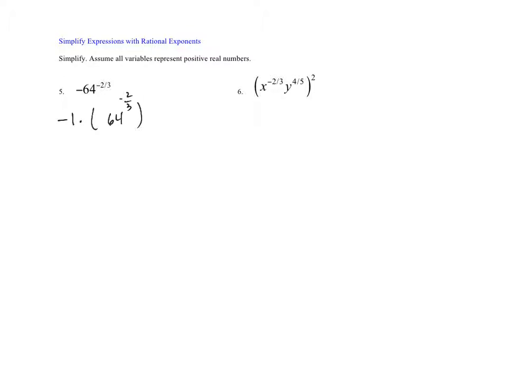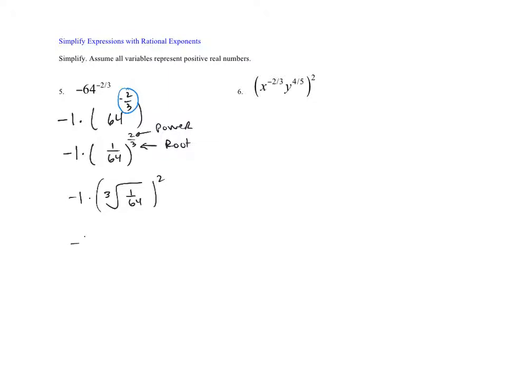Now I have a negative exponent, so I'm going to take the reciprocal of 64 to the positive 2/3 power. The numerator tells me the power, and the denominator tells me the root. So I'm going to take -1 times the cube root of 1/64, and then square that final answer.